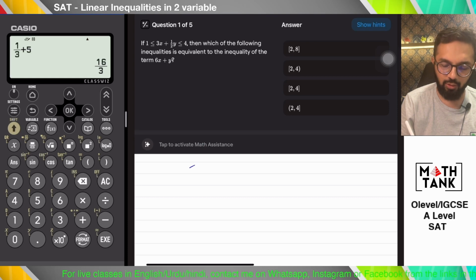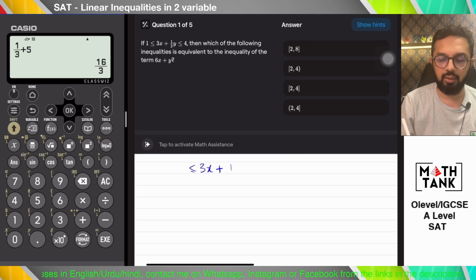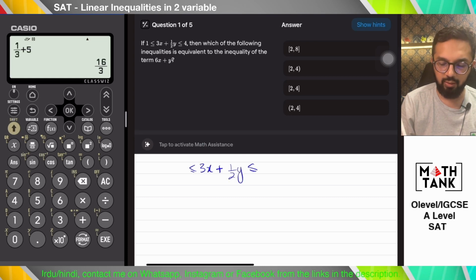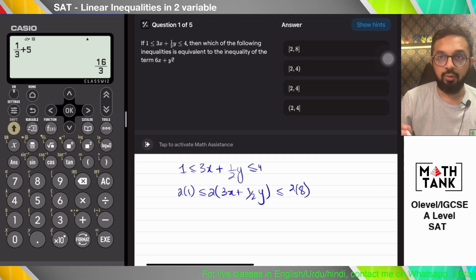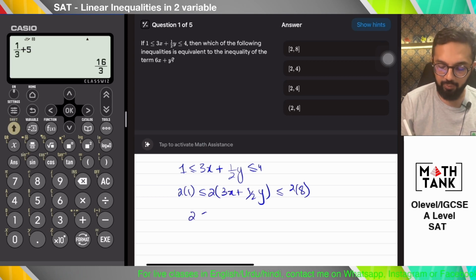So what I should think of is how do I convert this into my desired form of the inequality? That's simply 2 times all of the sides of the inequality, because I want to create 6x plus y in the center. So I have 2 is less than or equal to 6x plus y is less than or equal to 16.